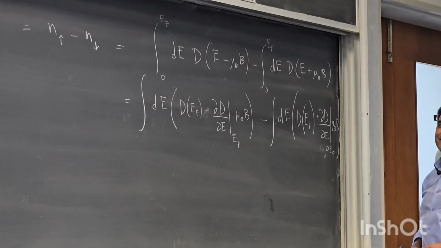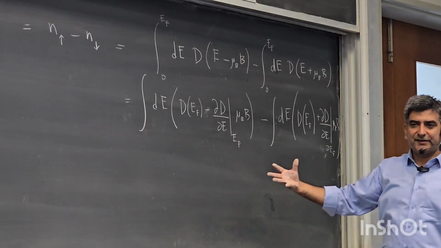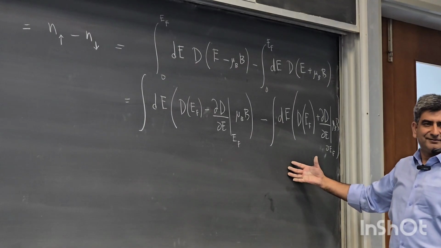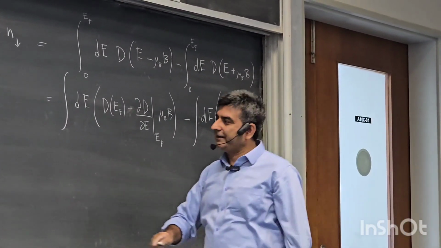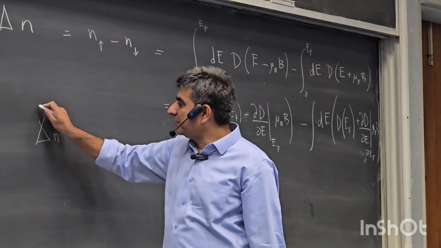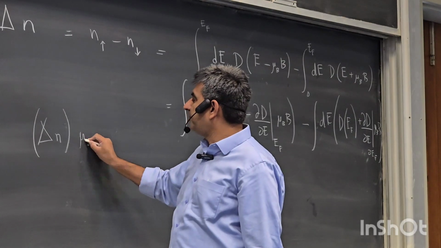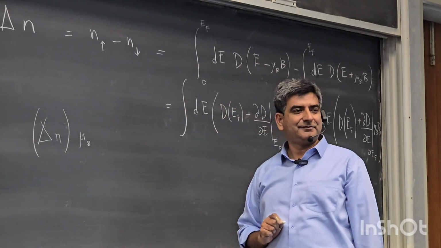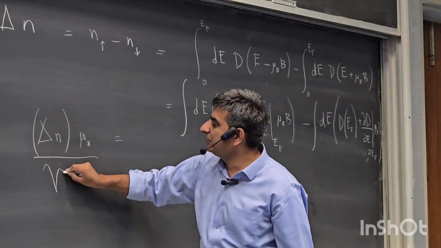right? Now I would like you to unpack this integral, and then you take your delta n, which is the difference in the number of electrons. You multiply this with the magnetization of each electron, which is mu_B. Then you divide by the total volume of the solid.